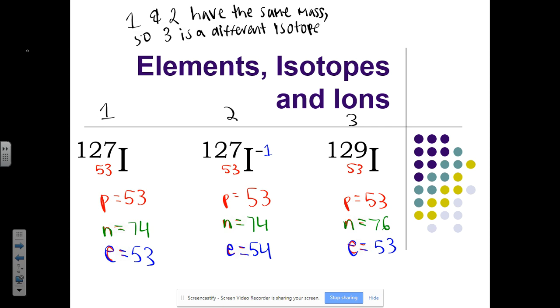So we have iodine 127 and iodine 129. Okay, so they're atoms of the same element with different masses. So we have a situation with isotopes. And then number 2 has an overall charge, meaning the protons and the electrons are not equal. So it is an ion.